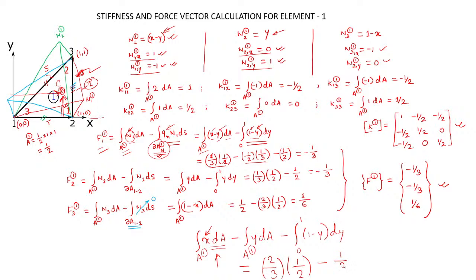That is why I substituted 1/3 times half, where half is the area. I evaluated these two integrals, and the last one you can simply integrate in the usual way. The first term is y and the second term is y squared by 2, and if you substitute 0 and 1 you will get half. That is why the last term was half, and that is how we get the result.